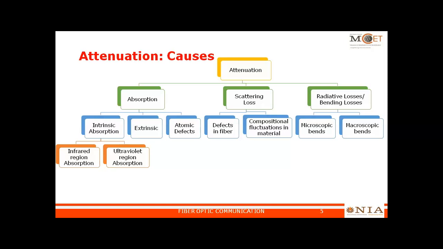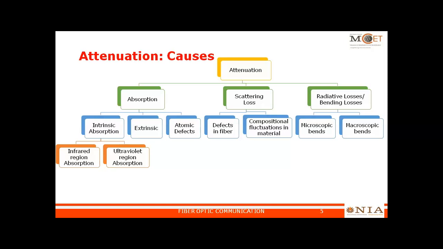In absorption there are three classifications: one is due to atomic defect, the second is intrinsic absorption, and the third is extrinsic absorption. Intrinsic absorption includes infrared region absorption.